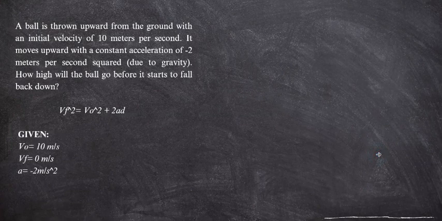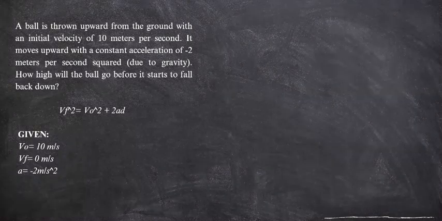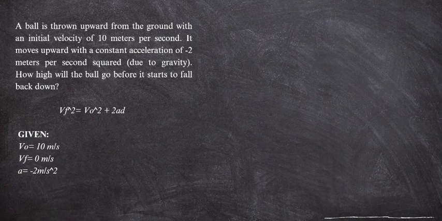We have here our given. Our Vo, or our initial velocity, is 10 meters per second. Our final velocity is 0 meters per second. Our acceleration is negative 2 meters per second squared.